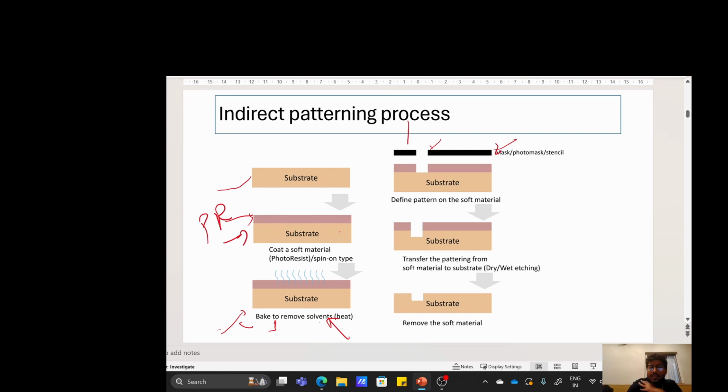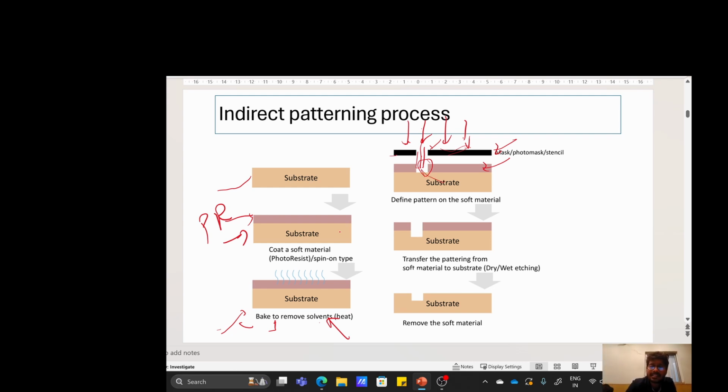Then we shine the UV light through this. Through this part, the UV light will go inside and change the properties of the photoresist at this point. This part will stay as it is because there is no pass of the UV light through this one; that is opaque to the UV light.